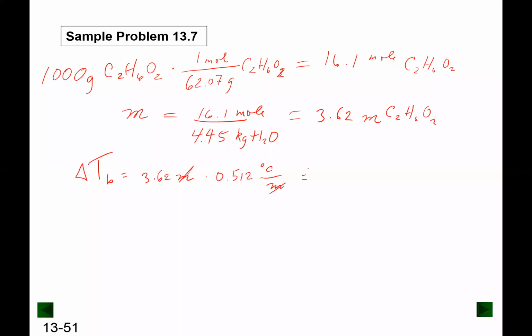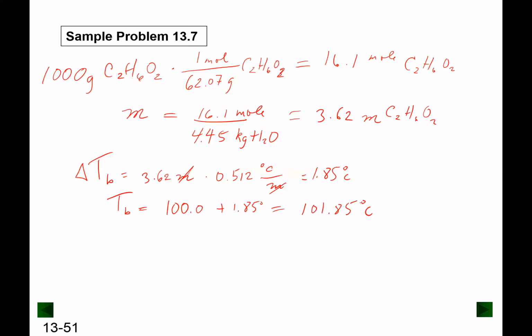Molals will cancel out, and we will get 1.85 degrees Celsius. And then to get our new boiling point, we're going to take our original boiling point of the pure solvent, and we will add our change, and so we get 101.85 degrees Celsius.